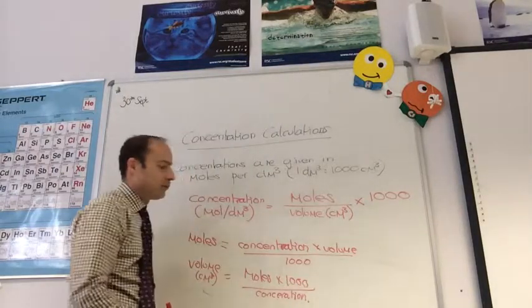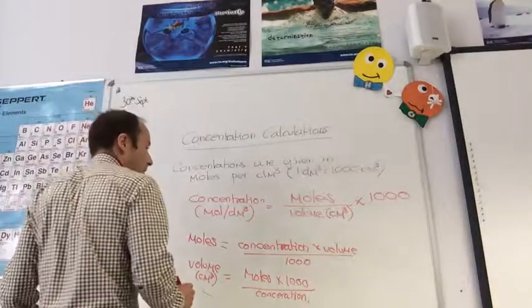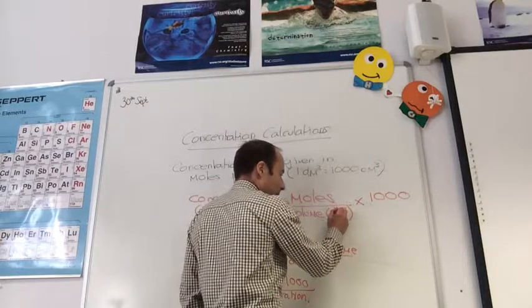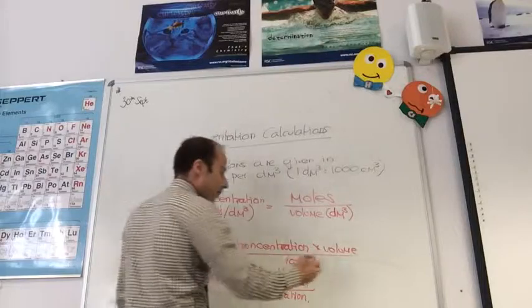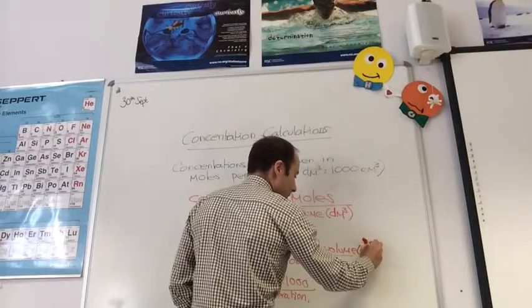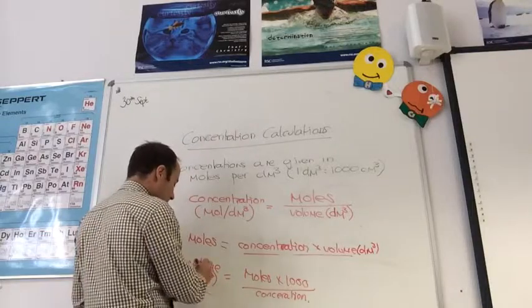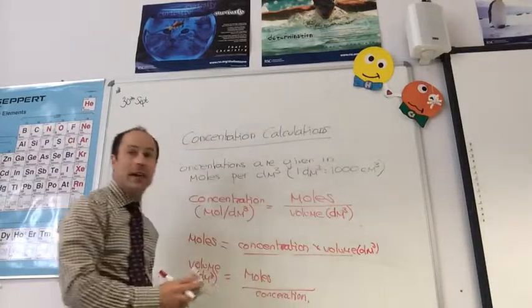To make it easier, could we just put it as... If you're happy working with decimeters, the way you do that is if your volume is in decimeters cubed, remove the 1,000 there. And if the volume you want is in decimeters cubed, remove the 1,000 there.